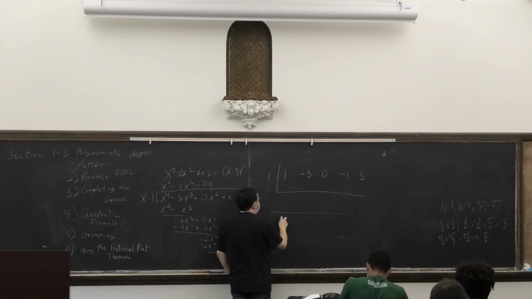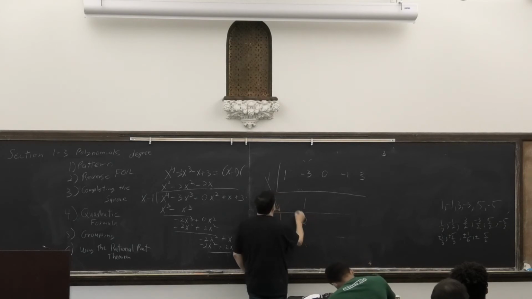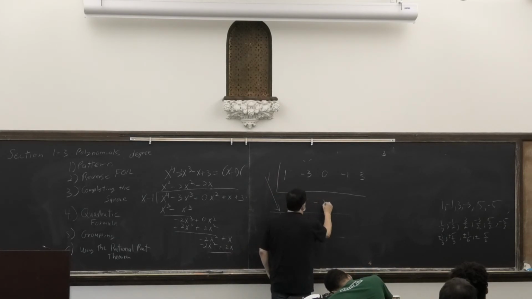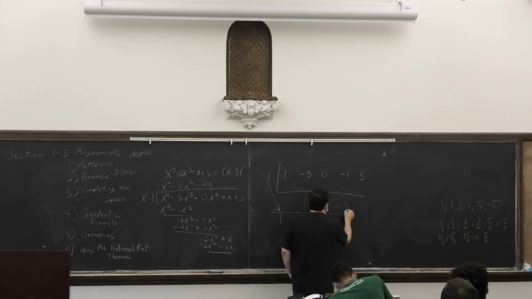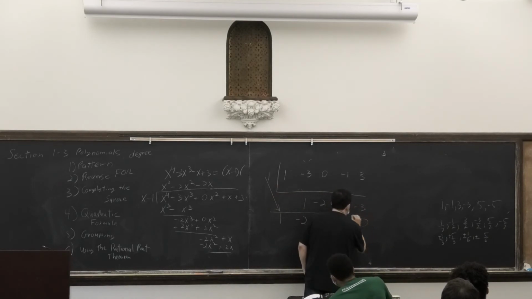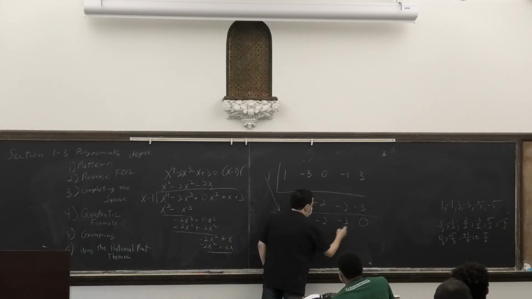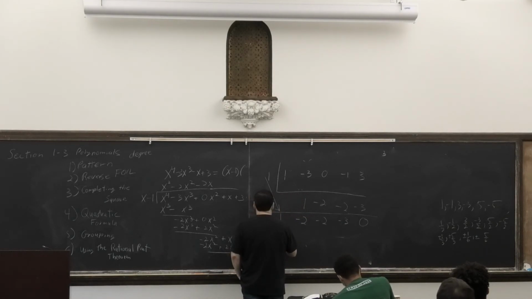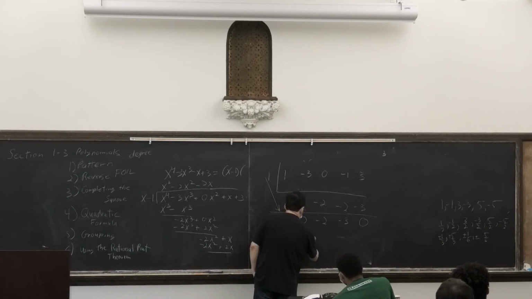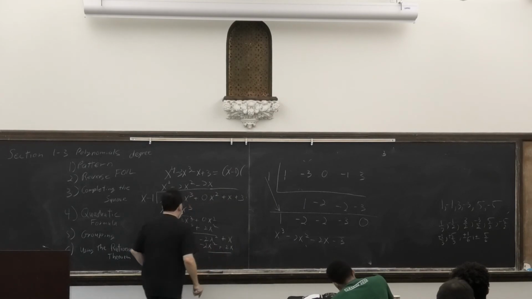So I bring this number down, I multiply, times 1, and I add. 1 times 1 is 1, minus 3 plus 1 is minus 2 when I add. 1 times minus 2, minus 2, and I add to get minus 2. 1 times minus 2, minus 3. 1 times minus 3 is minus 3, and I better get 0. In other words, the remainder is 0. These now represent the coefficients. So I end up with x cubed minus 2x squared minus 2x minus 3. Does that tell me what I went wrong here?